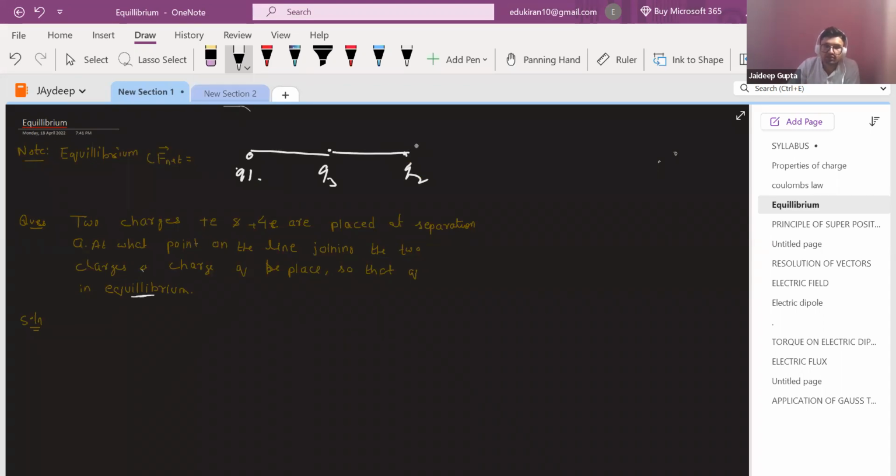If the three charges, or the entire system, are in equilibrium, then if we calculate the force on any of the charges, it will come out to be zero. So if the net force on any charge is zero, then we say the entire system is in equilibrium.